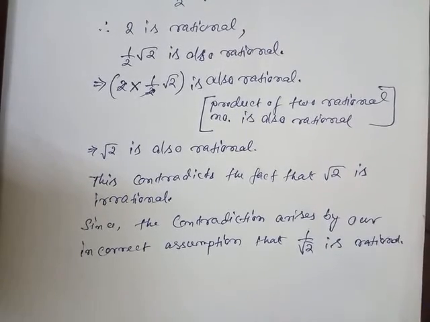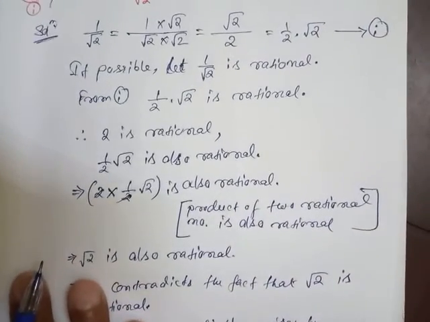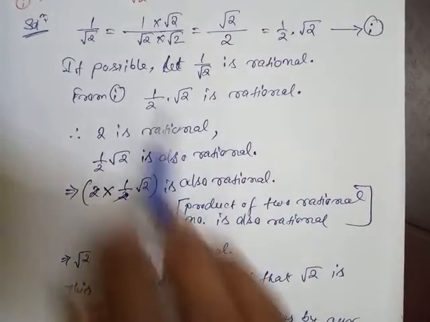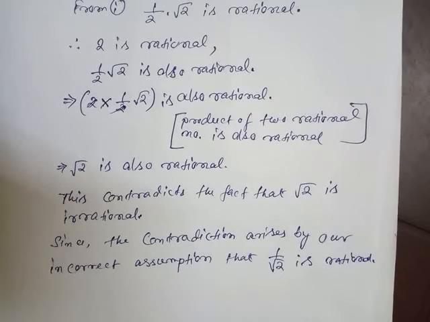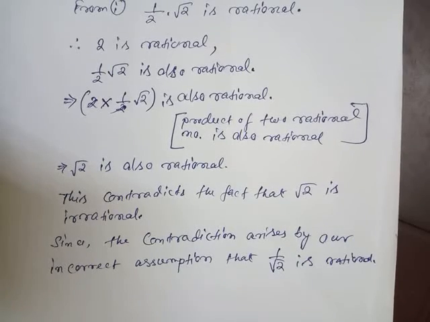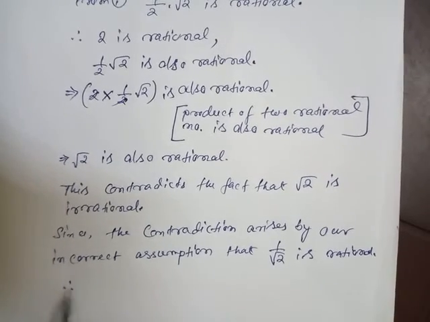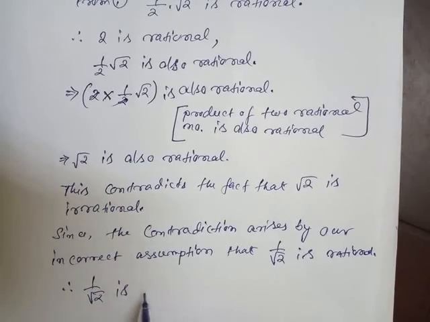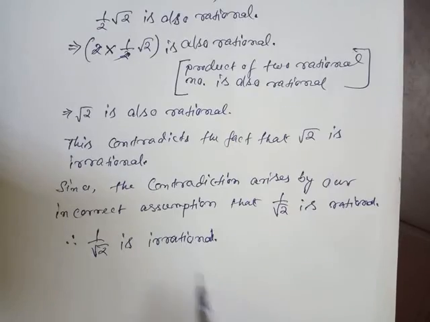Look here, initially we have taken that if possible let 1 by root 2 be rational, this is our assumption, and because of this assumption this contradiction arises. Now we have proved that root 2 is irrational. If root 2 is irrational, which means 1 by root 2 is also irrational, so we can say that therefore 1 by root 2 is irrational, hence proved.